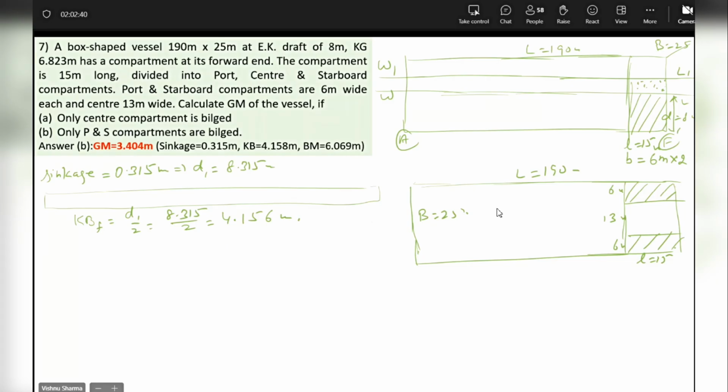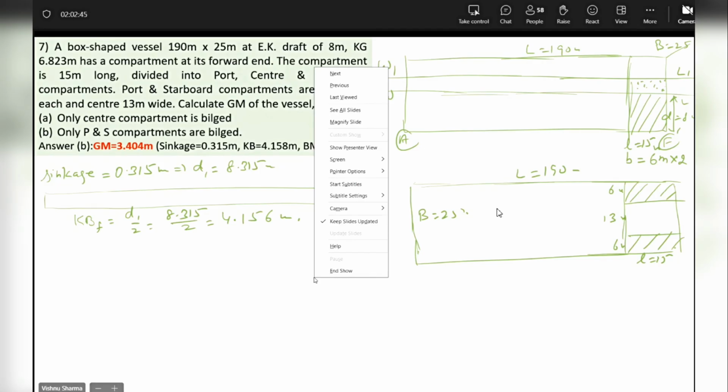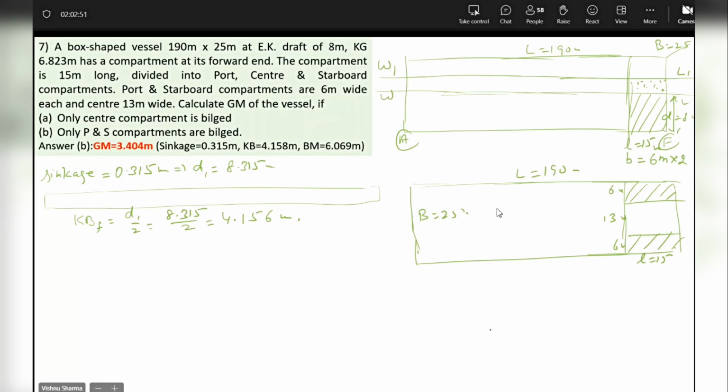Okay, now for BM, again look at the water plane area, visualize the center line and see if the center of flotation is going to be on the center line, yes or no. Is this the 4.5 axis through the center of flotation?